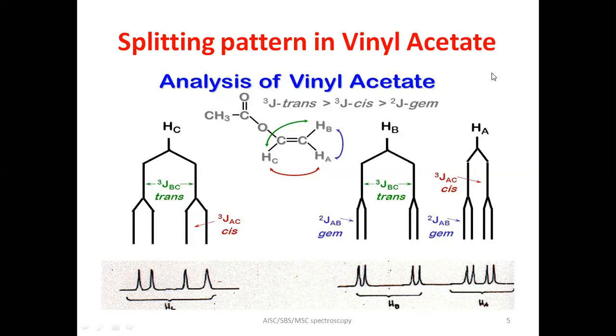So those splittings are given. You can make the tree diagram by taking their J values and calculate the line value of each. That is your homework. Just look at it, we already discussed all three of them.